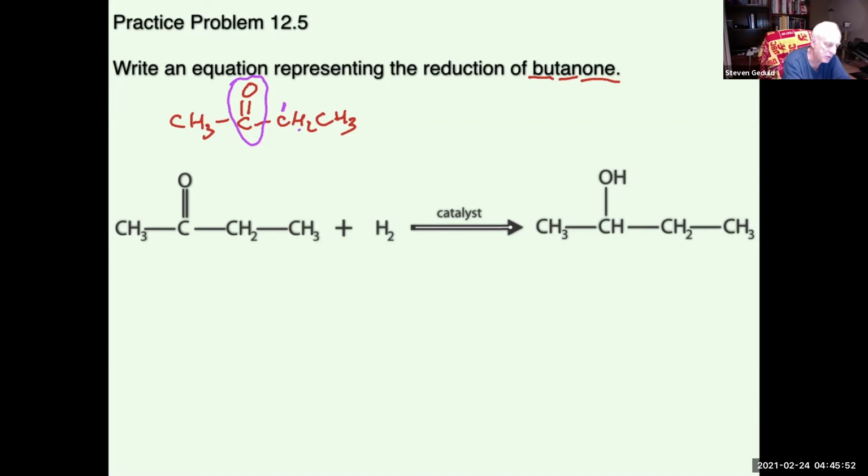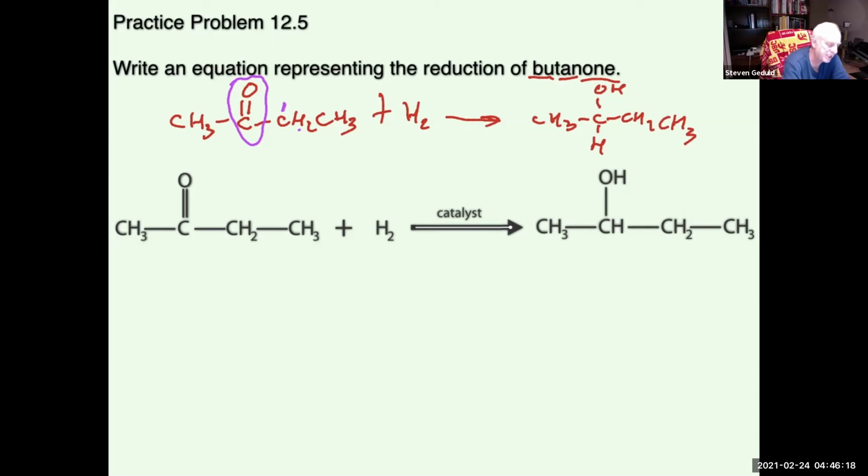So that's butanone. Reduction means adding hydrogen. And then we're going to take our compound CH3CO, open up the double bond, CH2, CH3, and we're going to add hydrogen and hydrogen. And we get our alcohol.